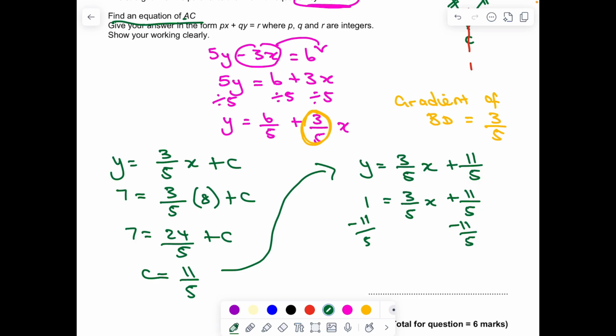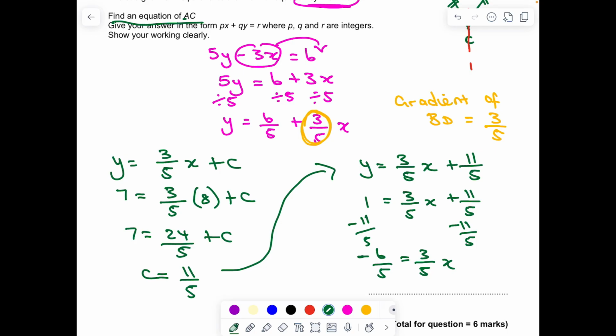So 1 take away 11/5, and I get a negative, so minus 6/5 equals 3/5 x, and then I divide both sides by 3/5.